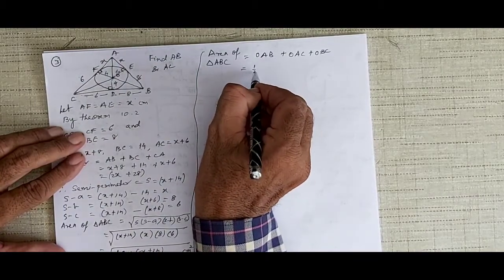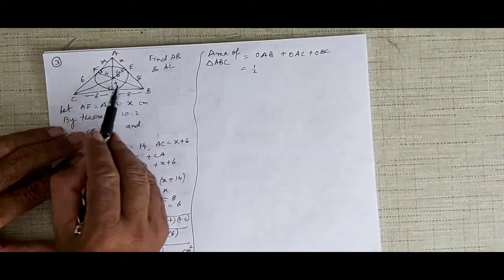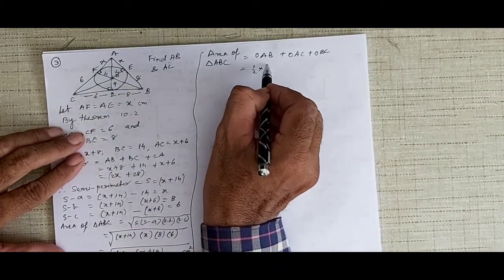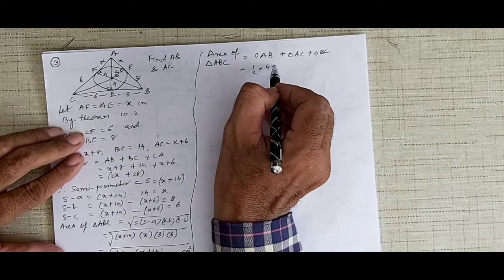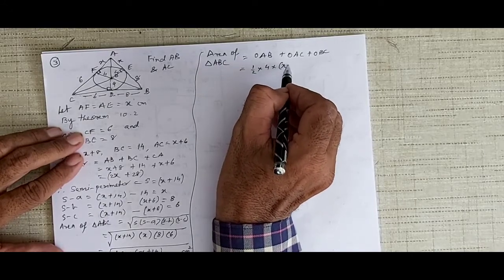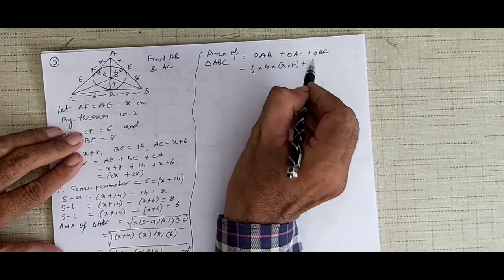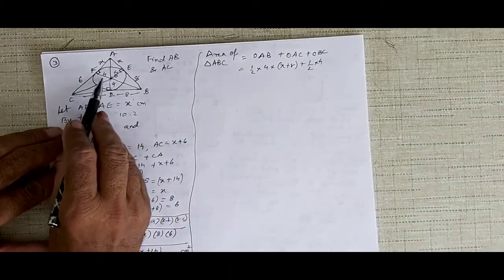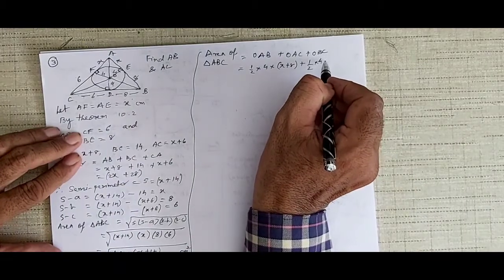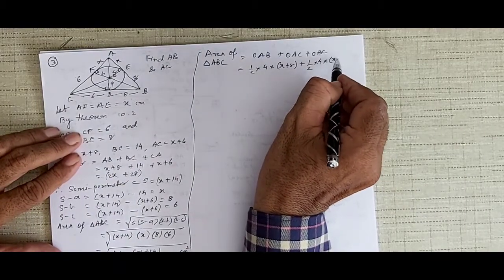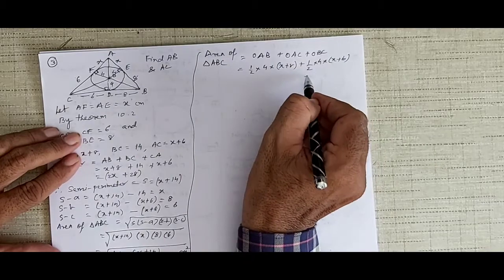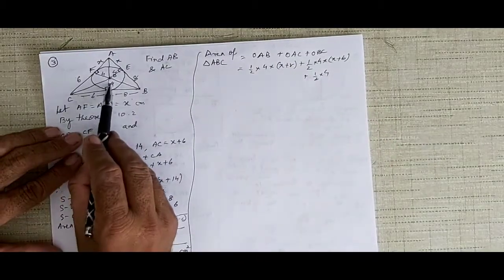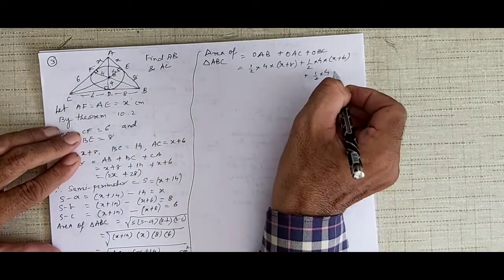That is half into base into altitude for OAB. Altitude will be 4, the radius, and base will be x plus 8, plus half into base, half into altitude will be the same for this triangle also, x plus 6, and then plus half into altitude of this triangle, and the base is 14.